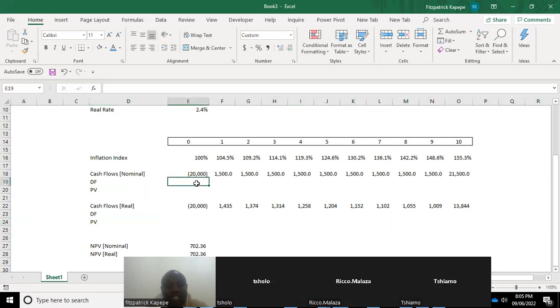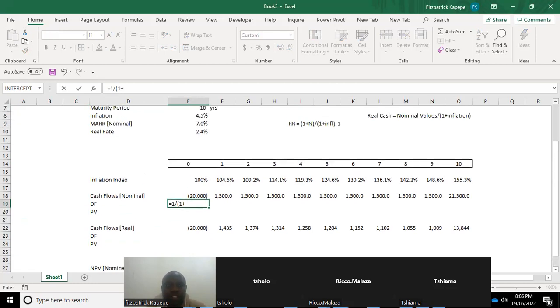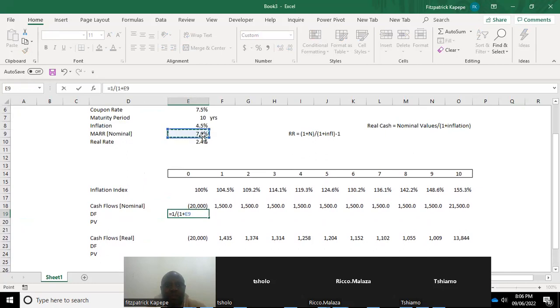So for the discount factor, you always say equals 1 divided by, open bracket, 1 plus, you pick the nominal rate. You lock that by having dollar signs. Close the bracket, to the power, you pick the periods. In this case, it's period 0, so we expect to get just 1. So you do that. I know you used 2 percentages.